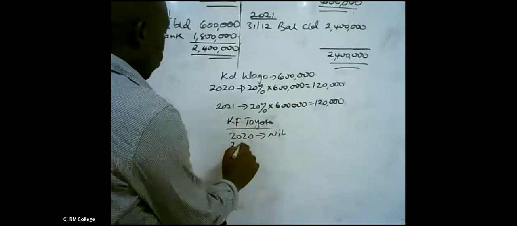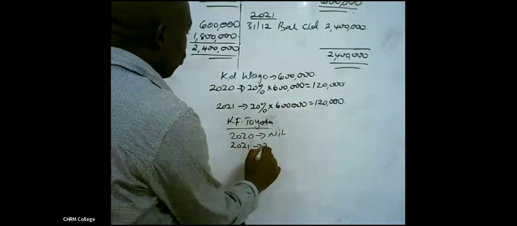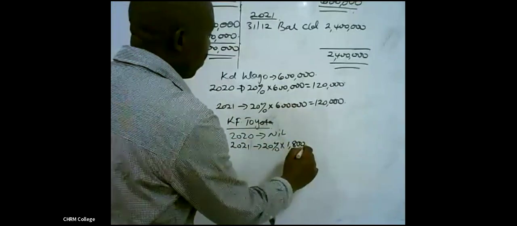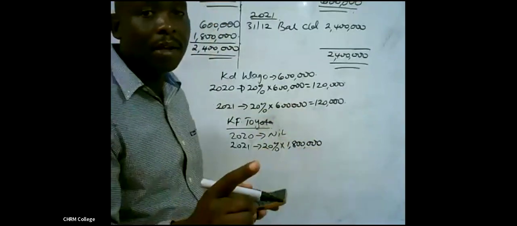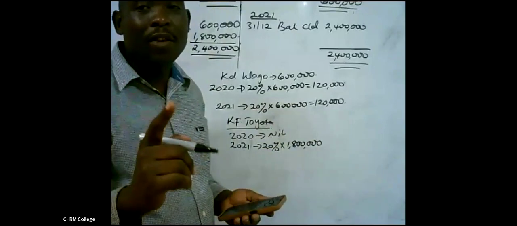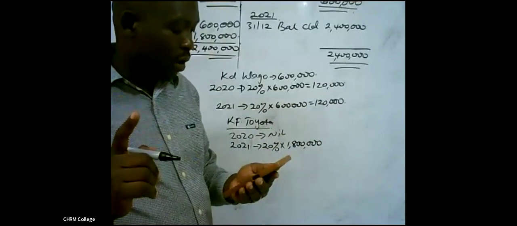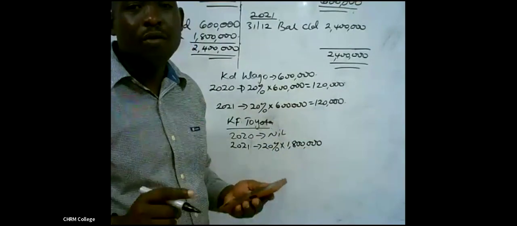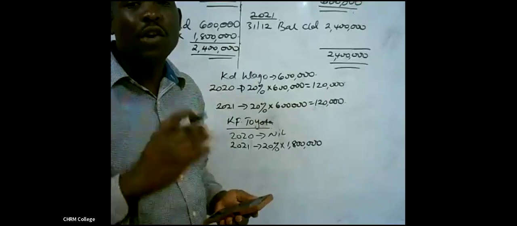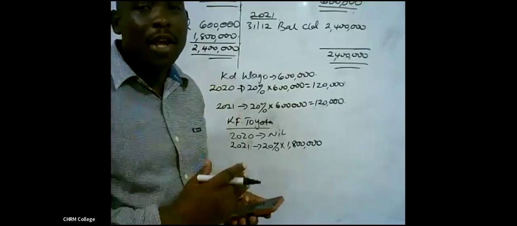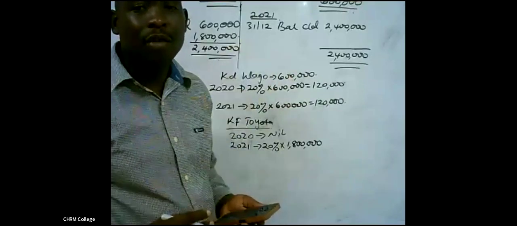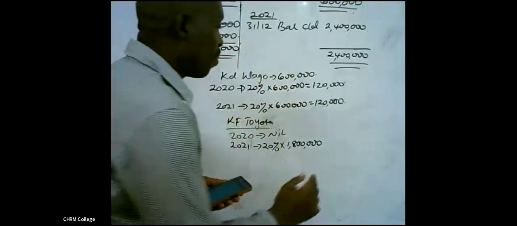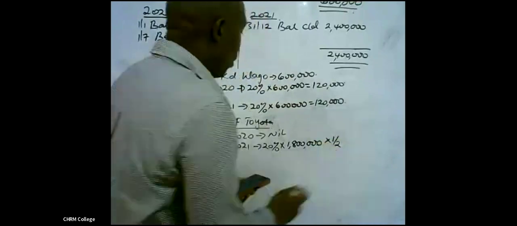In the year 2021, its depreciation will be 20% times its cost, 1,800,000. But remember, look at the date it was acquired. It was acquired on 1st of July, meaning that it was only used from July to December. It was only used for half a year. So you multiply by half.